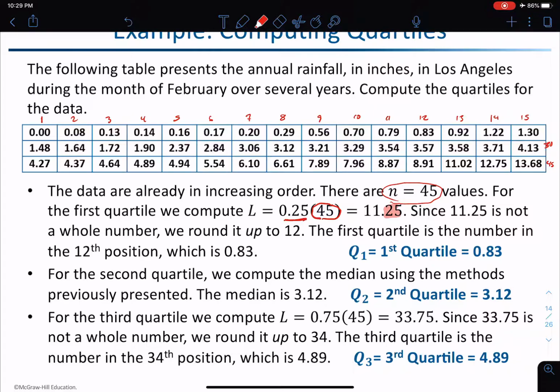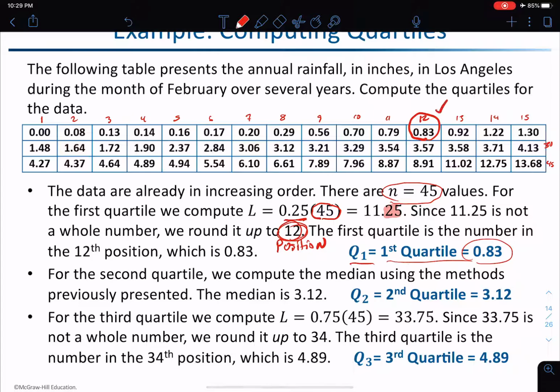So all you have to do is round it up to the next whole number, which is 12. I always say 12th position, so people don't think 12 is the quartile. It's the 12th position. You have to go to 12. There's my 12th position right there, and that is going to be your Q1. You can see Q1, the first quartile, is 0.83.